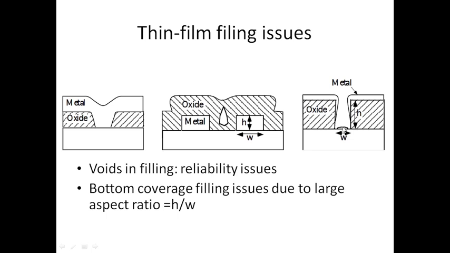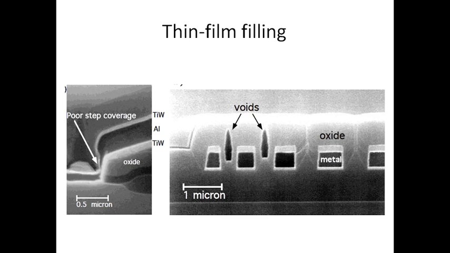These types of problems are there whenever we have a higher aspect ratio. So we have to ensure that the aspect ratio should not be too high, otherwise this type of bottom filling will not happen properly. So bottom coverage will be an issue if the aspect ratio is more.